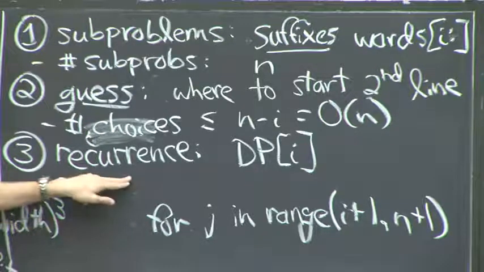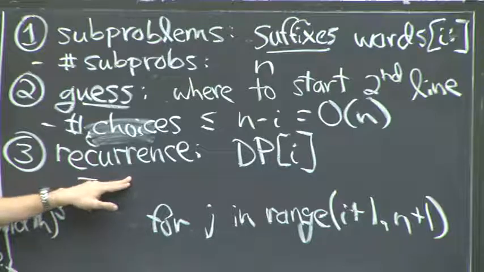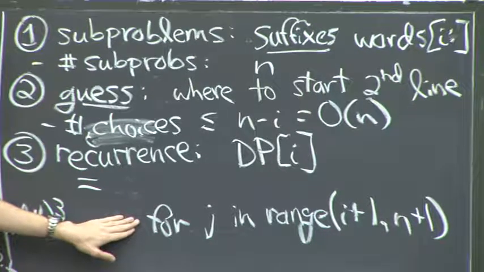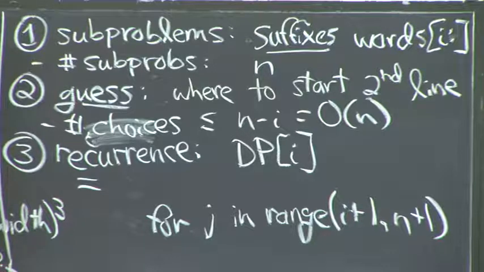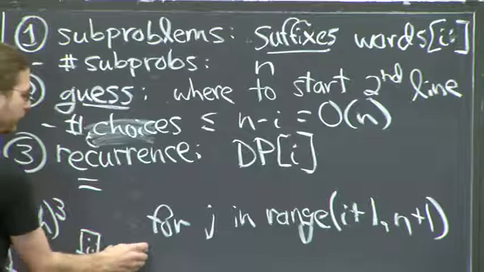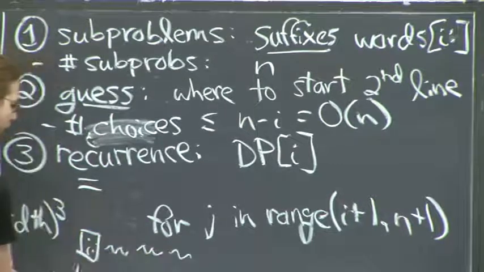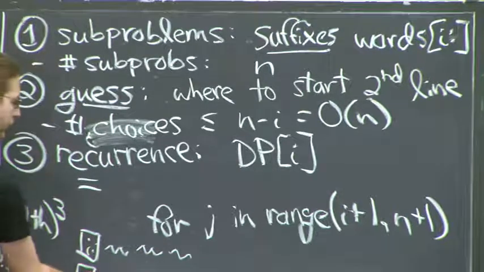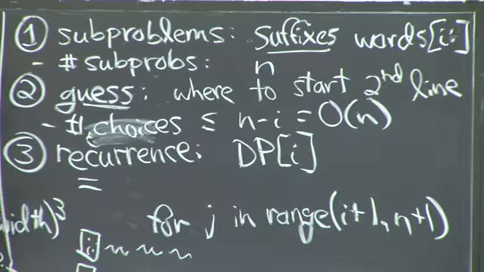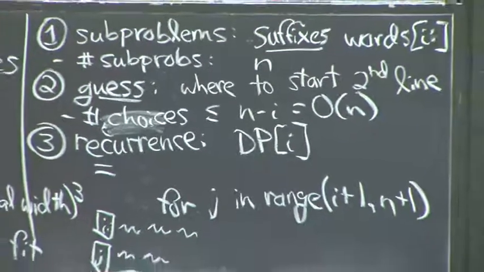So then what do I write up here? If I make this guess, I have word I as the first word of the first line, and then word J is the first word of the second line. And then there's more stuff down below. I don't know what that is.